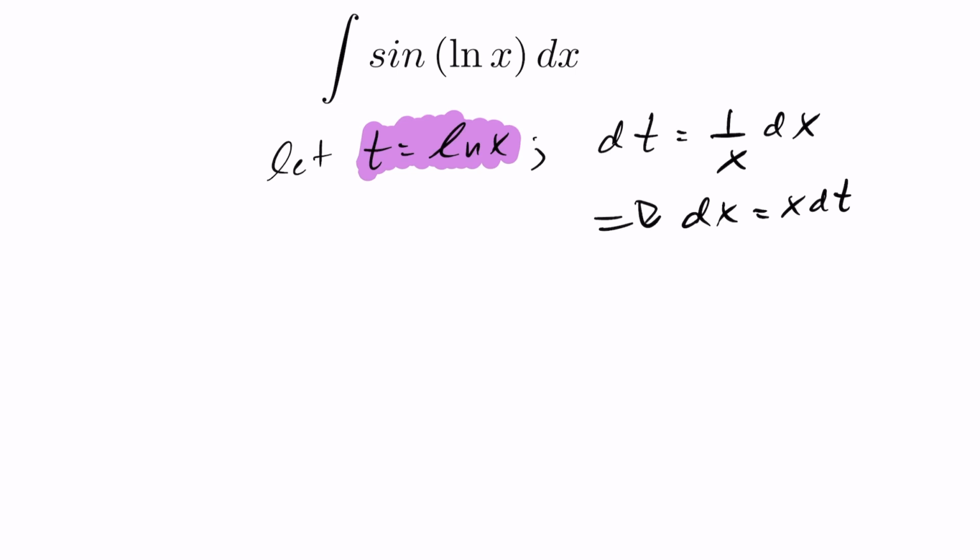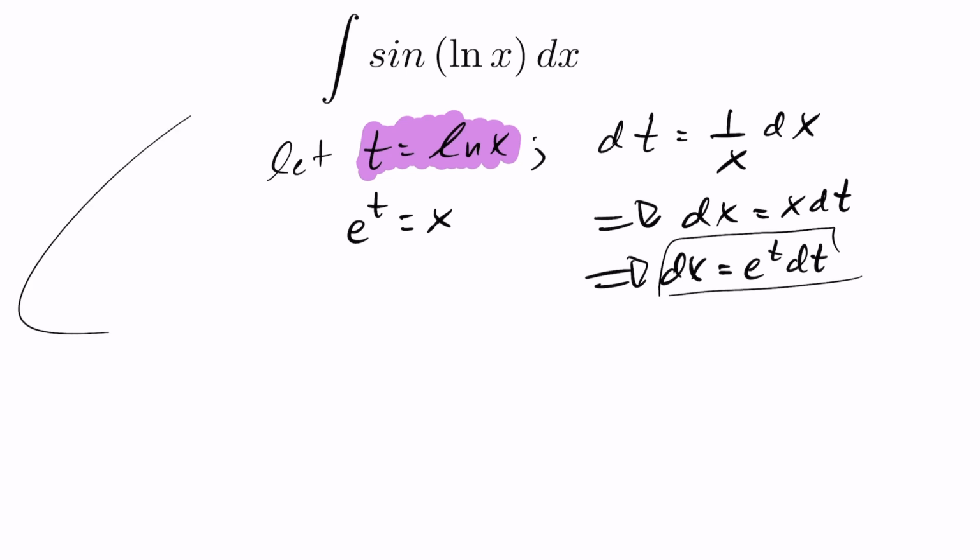I can transfer this to exponential form, so e to the t equals x, and therefore we have dx equals e to the t dt. So substituting that in, this becomes the integral of the sine of t, and I can replace the dx with e to the t dt.